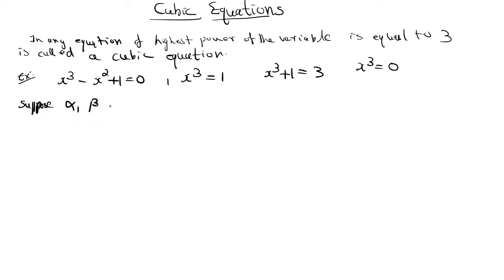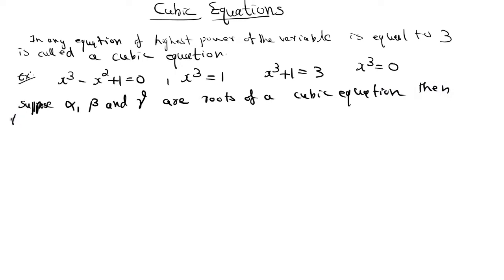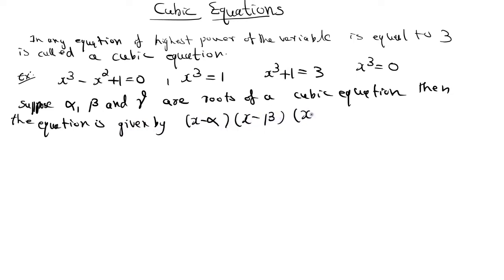Okay. Then suppose alpha, beta and gamma are roots of a cubic equation. Then the equation is given by x minus alpha into x minus beta into x minus gamma is equal to 0.